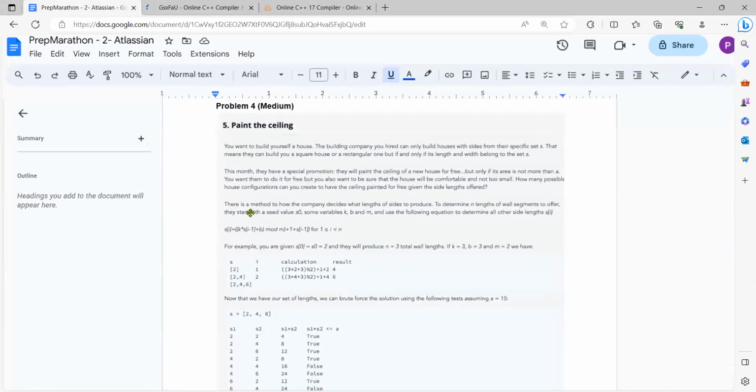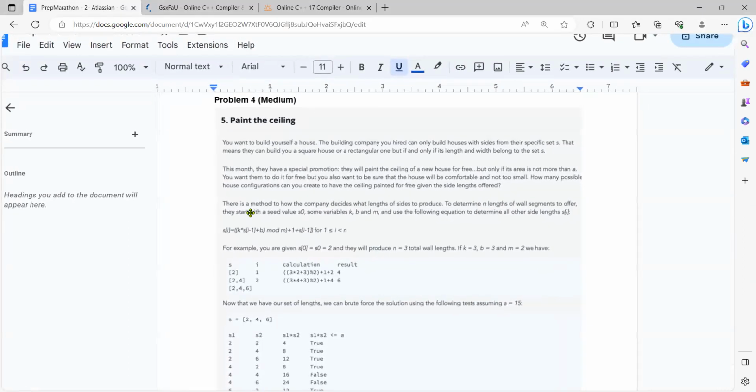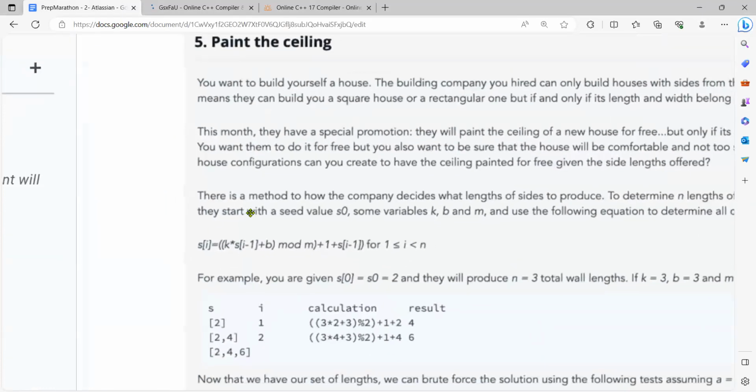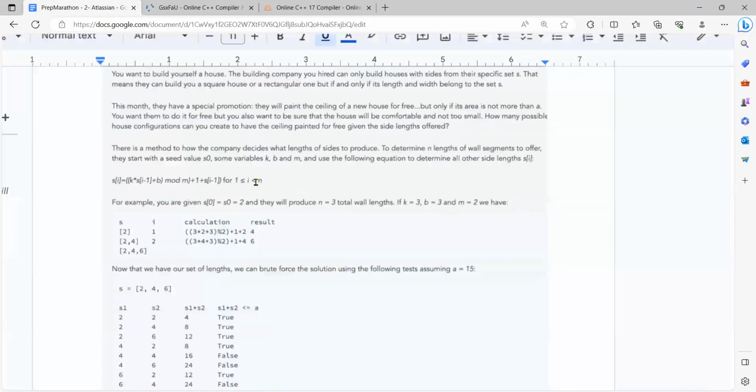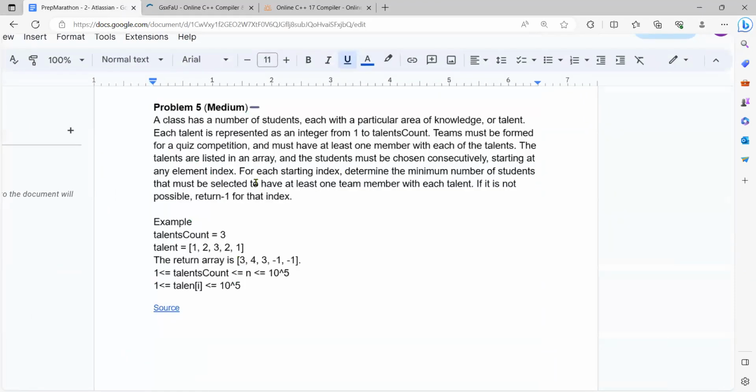So this is the paint the ceiling problem. I hope this is visible. Before this, let us solve this one. So this is the next problem that we will be dealing with. Read through this problem.